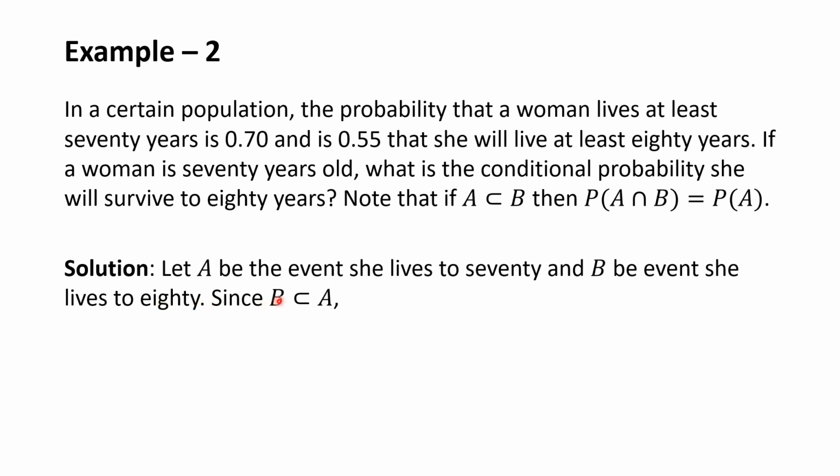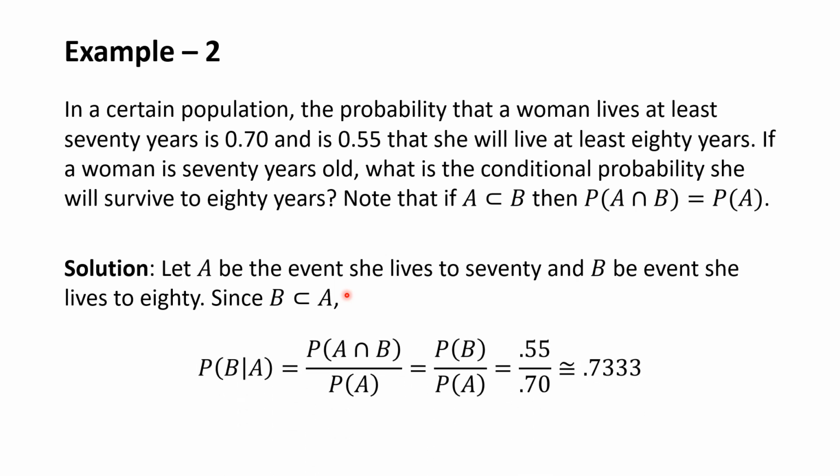So B, sorry to switch the order of this around, but the way I define it here, B is a subset of A. So if she lives to 80, then of course that implies that she lives to 70, so that means this event B is a subset of A.